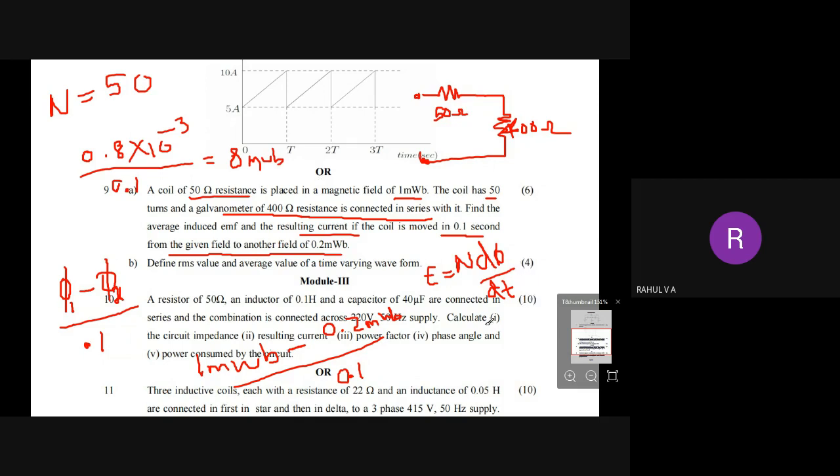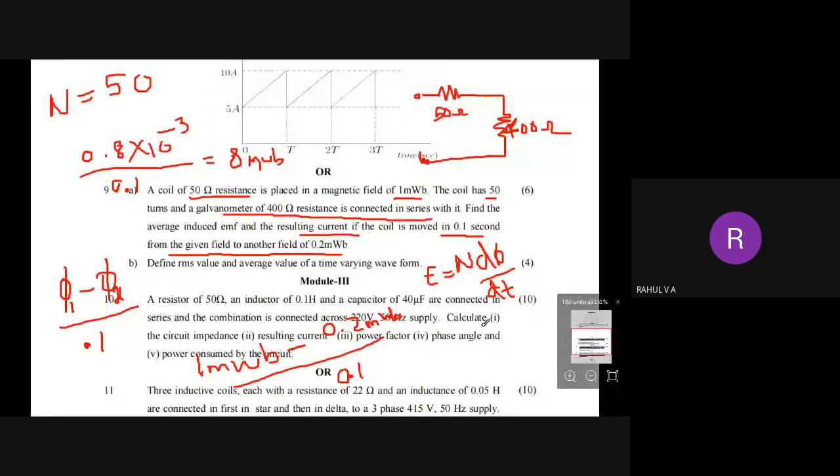Assume that first your coil was in a magnetic field of 1 milliweber. Then they have changed the field to 0.2 milliweber. So from 1 milliweber to 0.2 milliweber, they have changed the coil within 0.1 second, and that is also important.